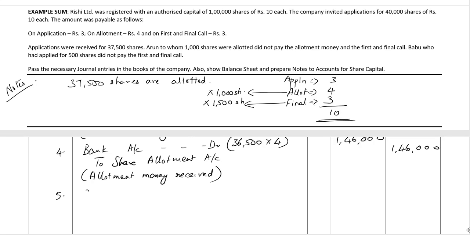Fifth entry, share final call account debit to share capital account for the final call money due.